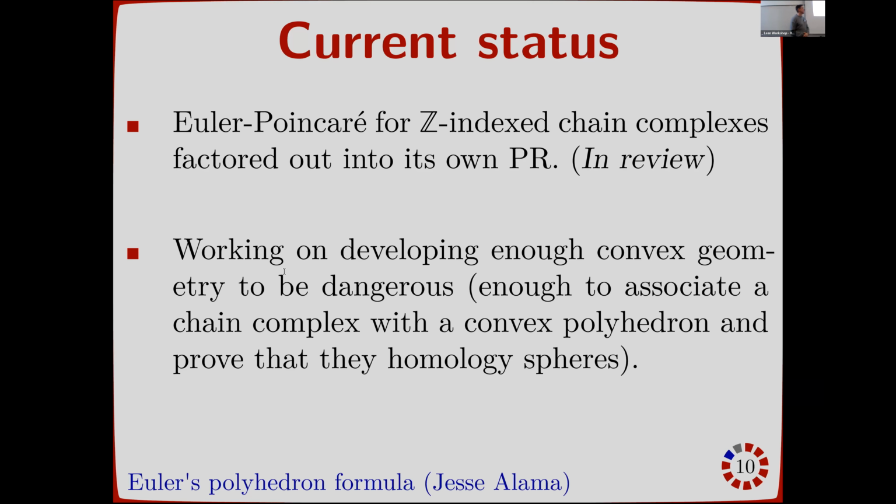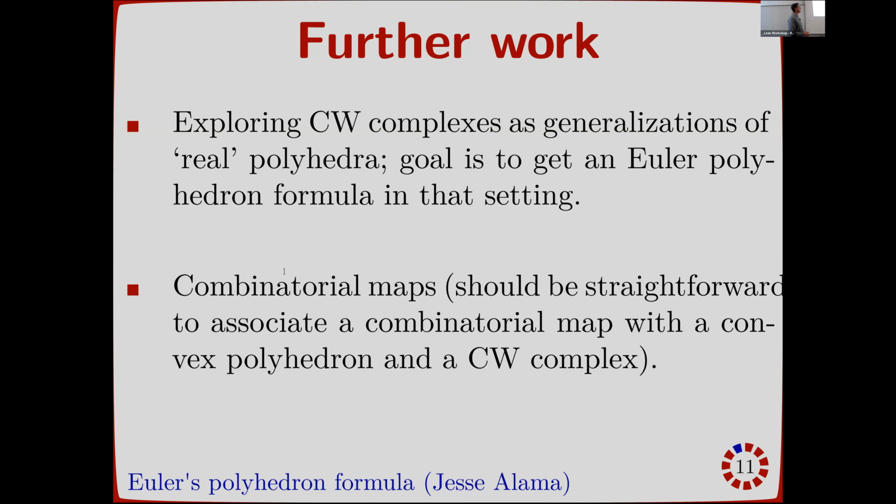For those of you who know some of the algebraic topology, the task here is to develop convex geometry at least enough to the point where I can associate a chain complex to this thing and show that it satisfies the conditions. There are other generalizations, other parts of algebraic topology that need to be formalized or could be formalized in this setting.